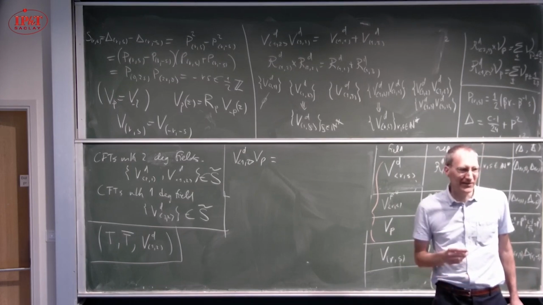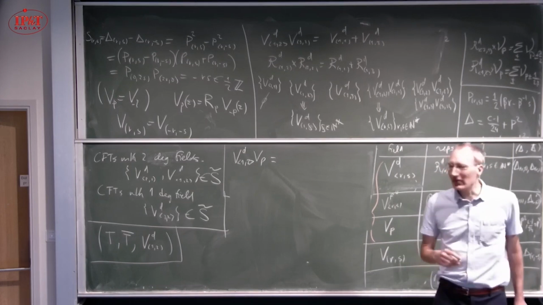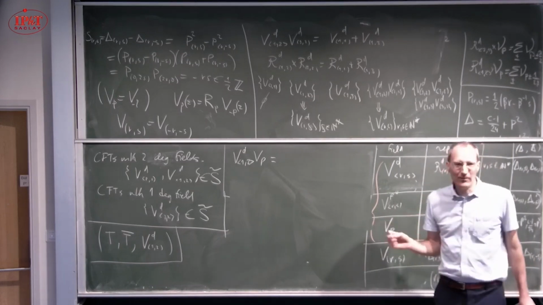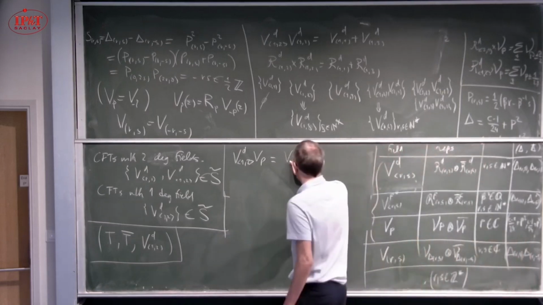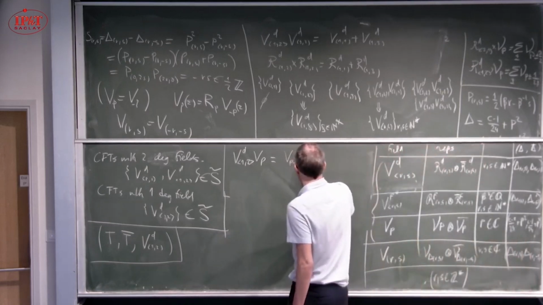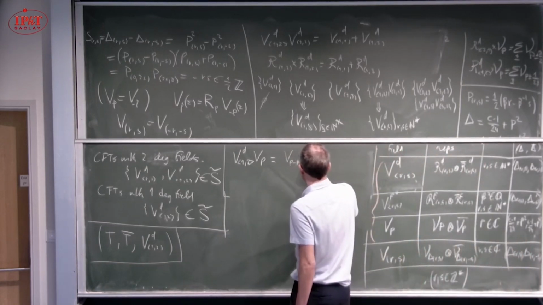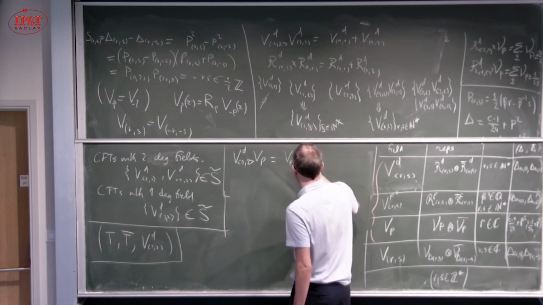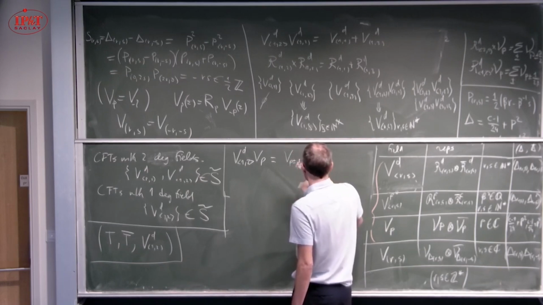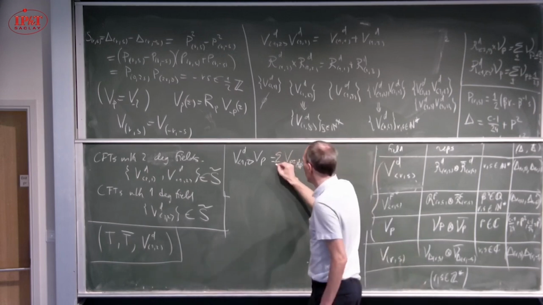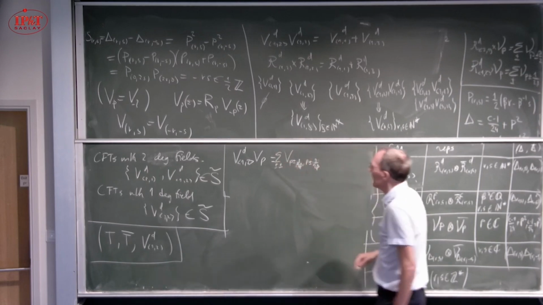Well, in fact, 4, because the fusion rules apply on the left and also on the right. So I could get some field with left momentum P plus or minus 1 over 2B, and on the right also P plus or minus 1 over 2B. I have these 4 possibilities.